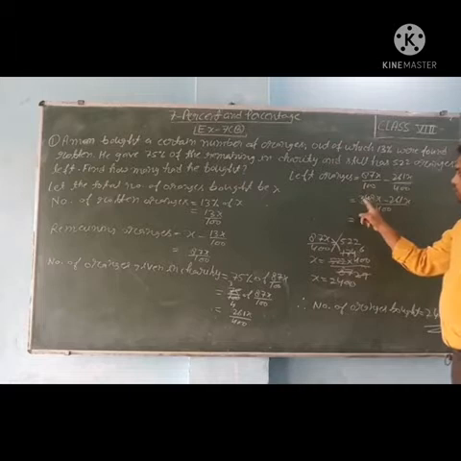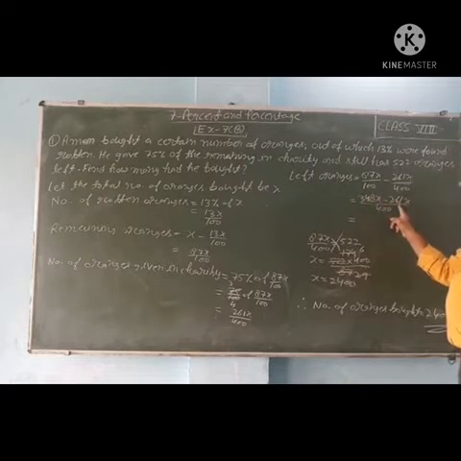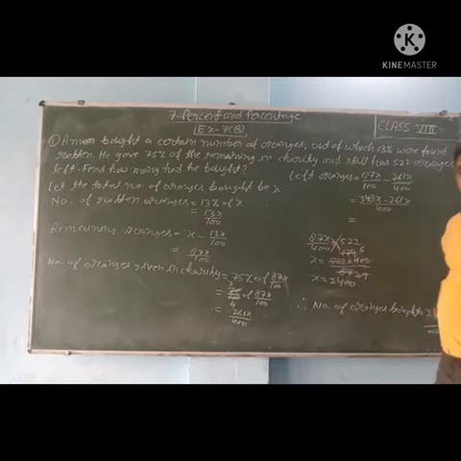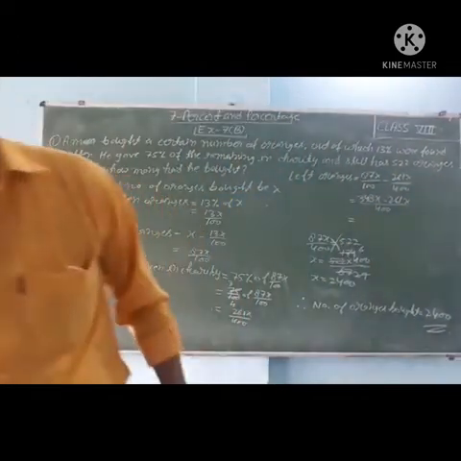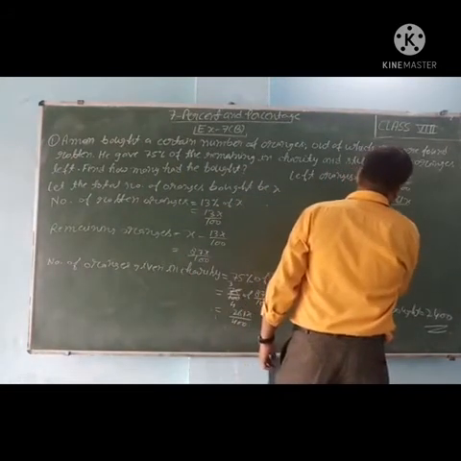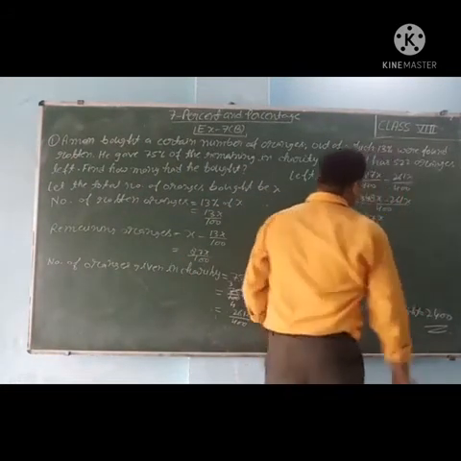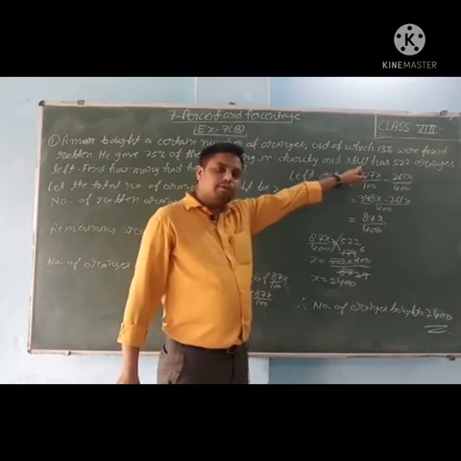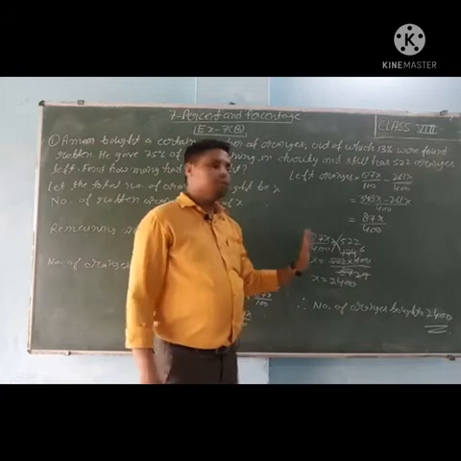After subtracting 348x minus 261x, we are getting 87x upon 400. So they are the left oranges and they are also given to us in numbers, so we can equate both.